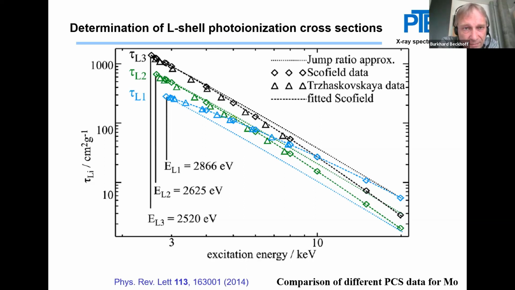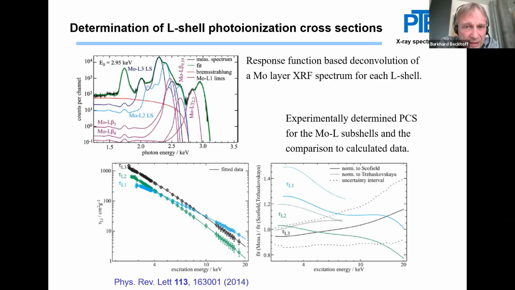So these are the subshell photoionization cross-sections for molybdenum. And in particular for L1, the deviations can be as large as 300%. So when you rely on databases that are often implemented in the instrument, as quoted by this jump ratio approximation that was recommended by IUPAC until recently, as far as I know, you may end up with very relevant deviations if you use these wrong values for the quantification.